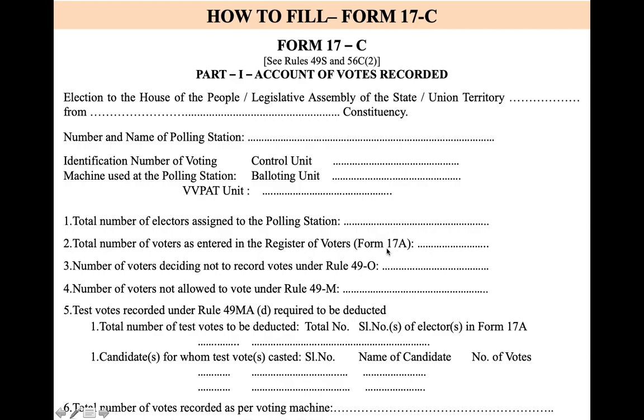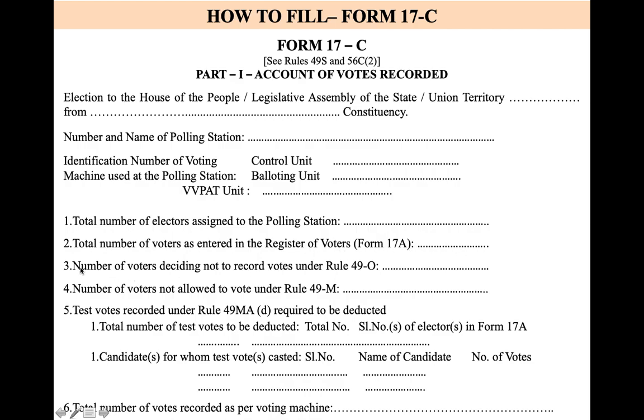In Form 17A, which we call the register of voters, we keep a record of the attendance of whichever voters have turned out on that day. That detail you have to fill in row number 2: how many voters actually turned out on that day to cast their vote.